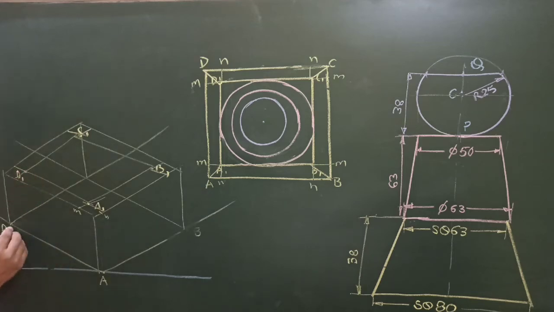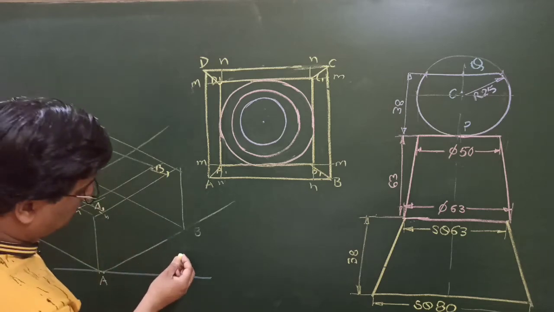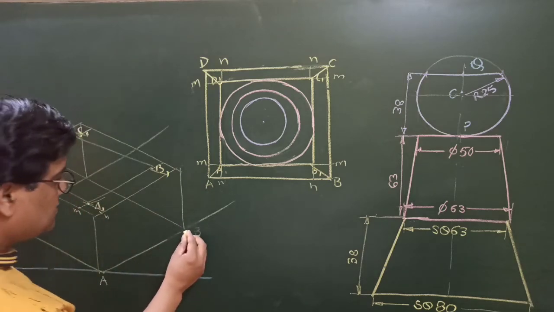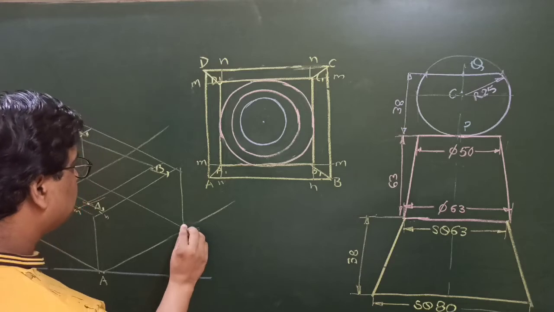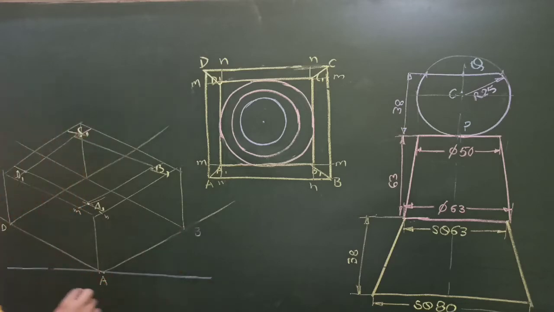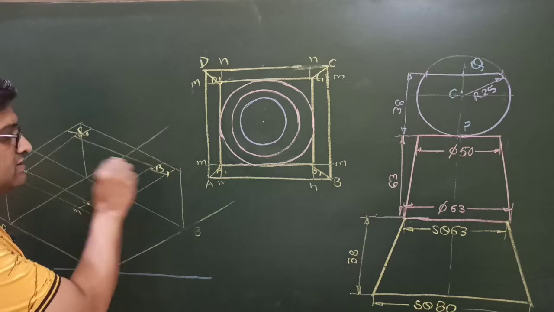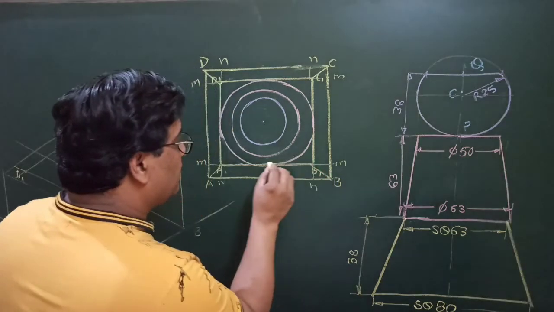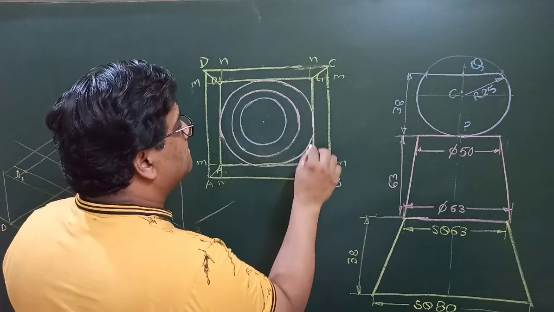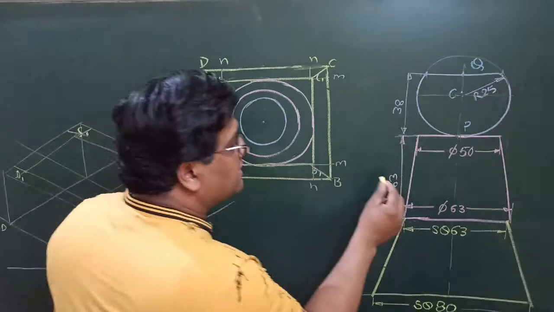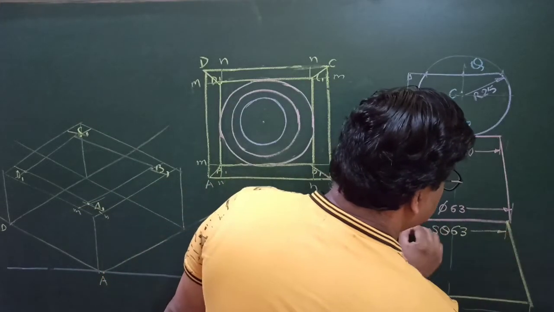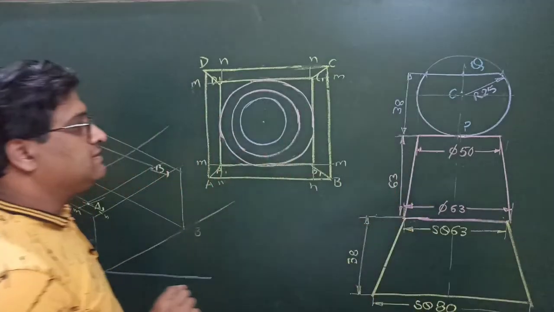You can join A2, A1, B2, B1 and so on. So you can join right now also, because this part has to be darkened. Okay, we'll do it later on. So this is the top face now. Now in this top face there is a pink color circle, that is the lower base of the conical part.